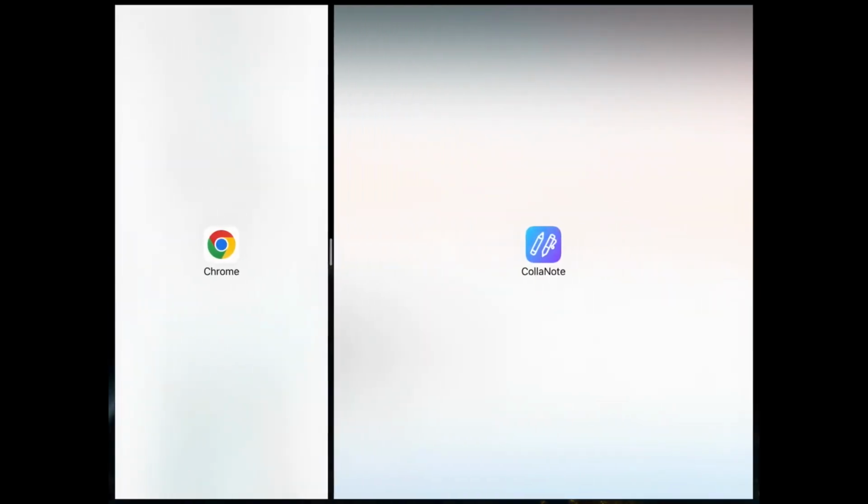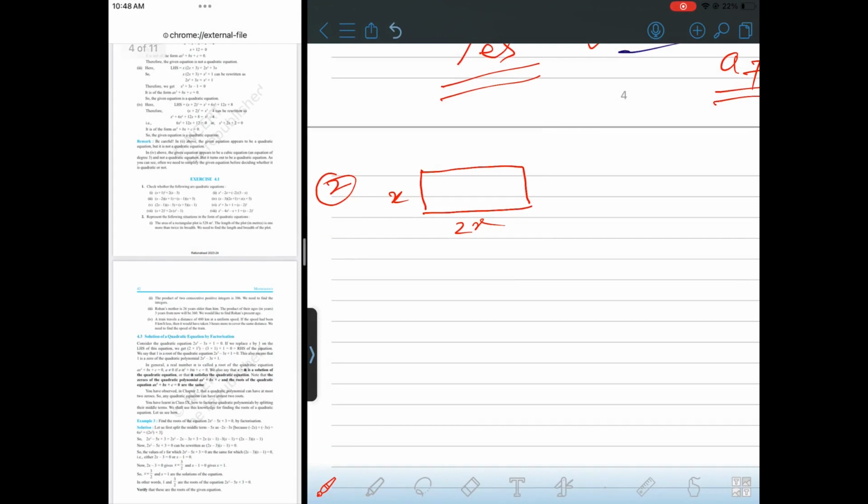So now we know that the area of a rectangle is equal to length into breadth, right?